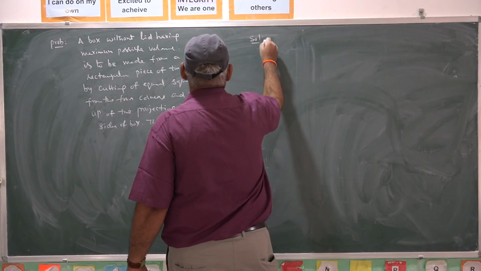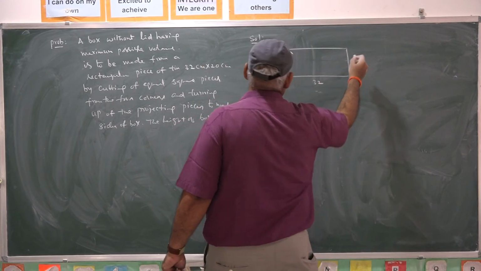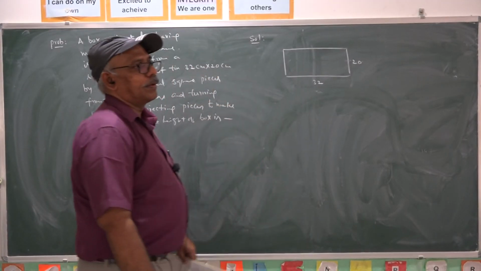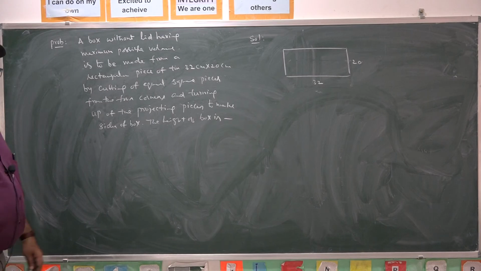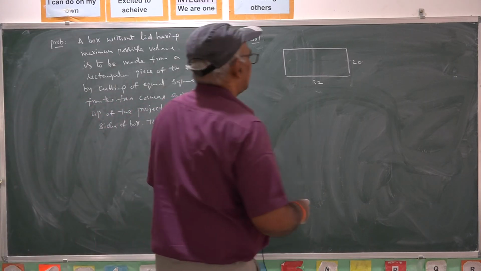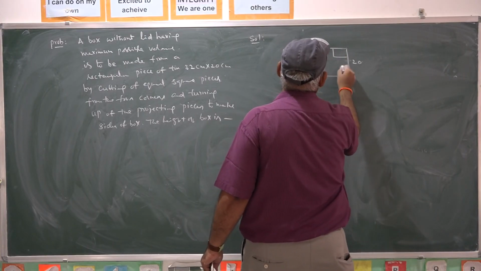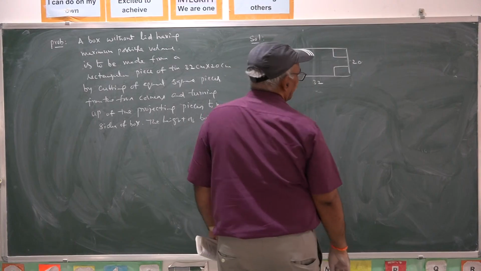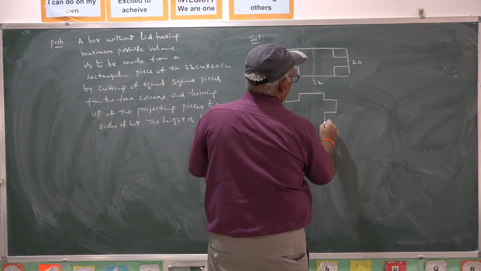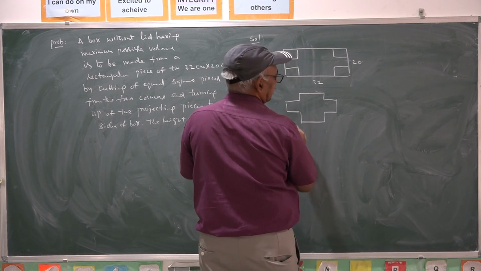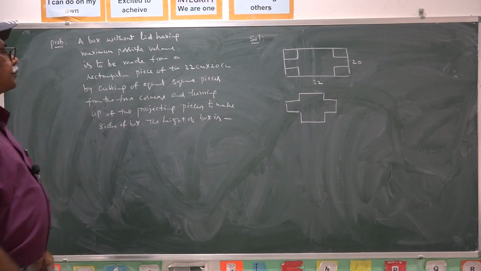Once a rectangular sheet of 32 by 20 centimeters of tin is considered, and small, equal square pieces are removed from the four corners of this tin, then the projected portions are folded upwards.